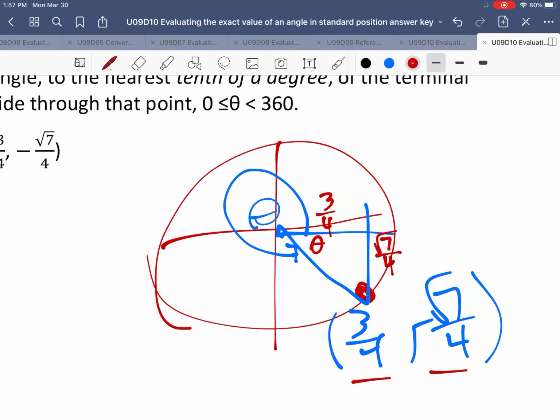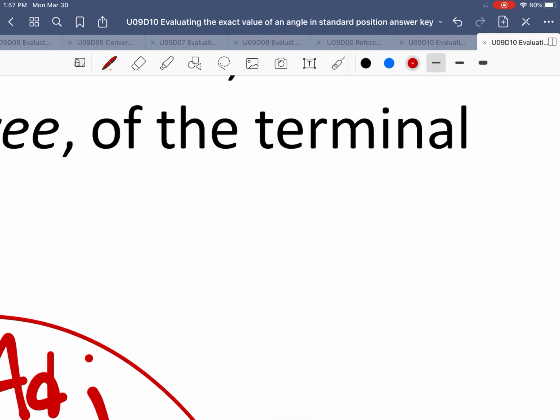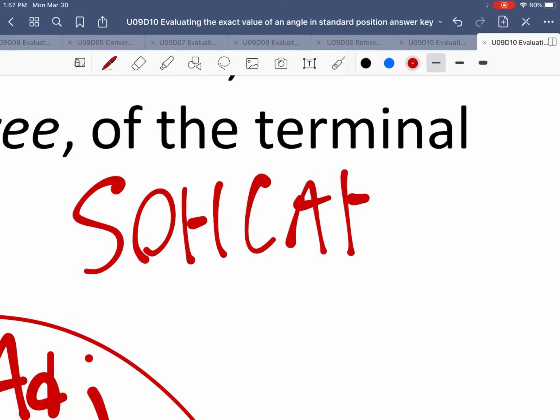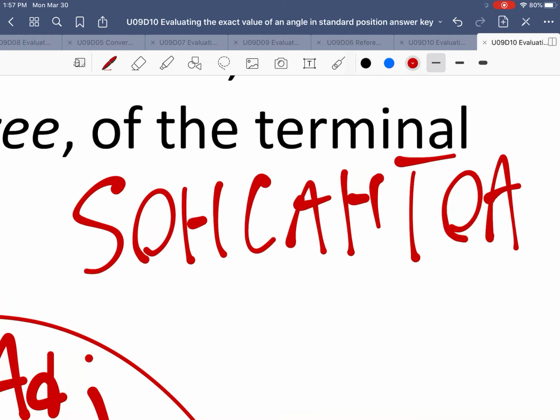So we're going to use the trigonometric ratio using these two sides to figure out the measure of this angle. This side is the adjacent of the angle, and this side is the opposite. So we're just going to use SOHCAHTOA. Now we have the opposite and adjacent, so that is tan.